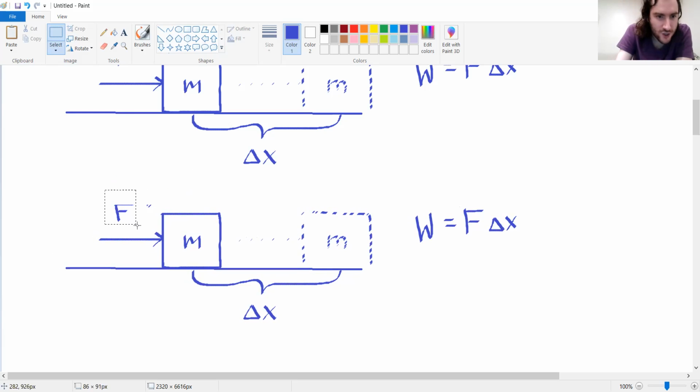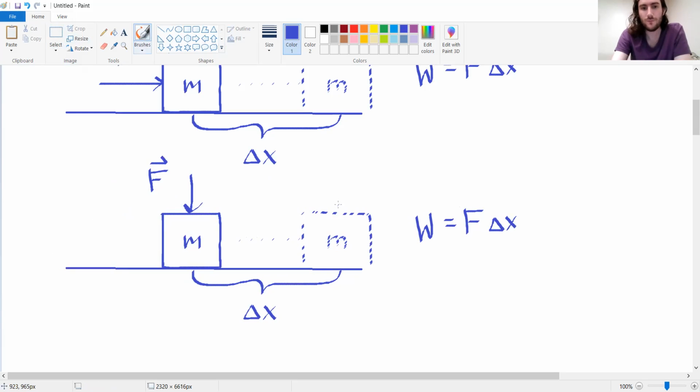If I change the direction that the force is applied, we can ask the same question. Suppose I apply the force in this downward direction, and the mass moves to the right a distance delta x, but now it's pretty clear that the force F is not the force that's moving the mass, right?